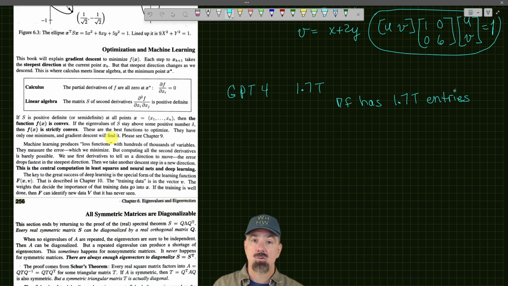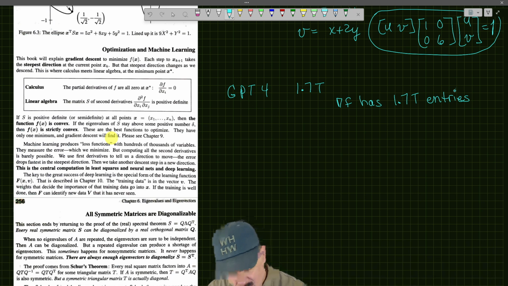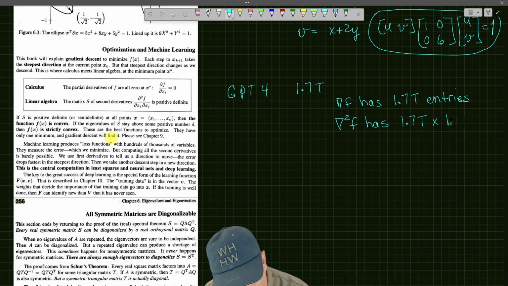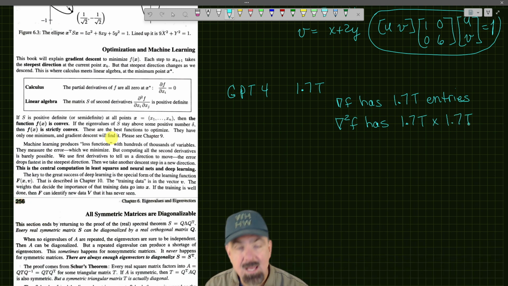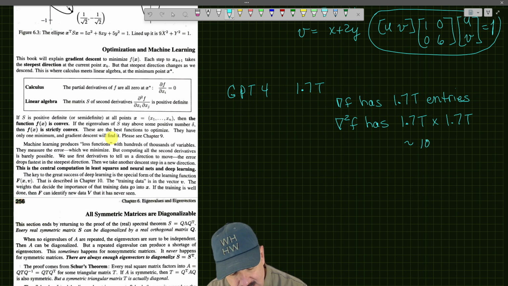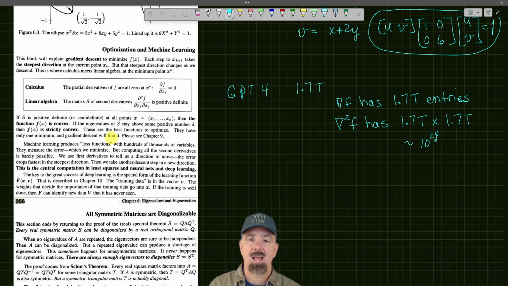In order for us to use a lot of the optimization software, we're going to calculate the Hessian matrix. So the Hessian matrix has 1.7 trillion by 1.7 trillion entries. That's approximately 10 to the 24th entries.